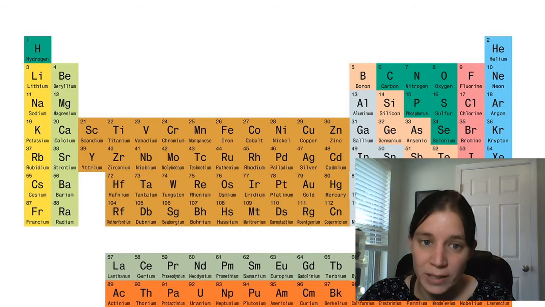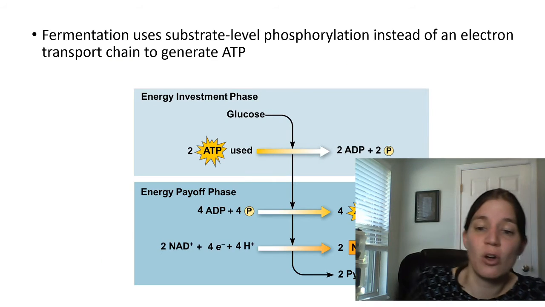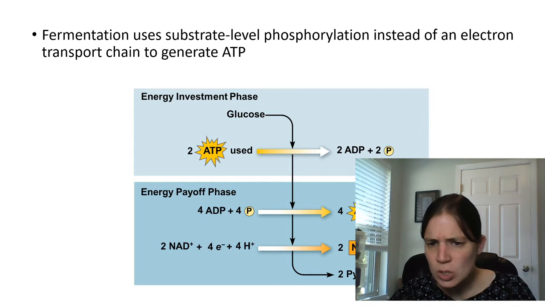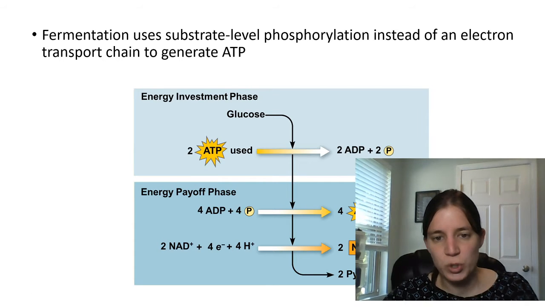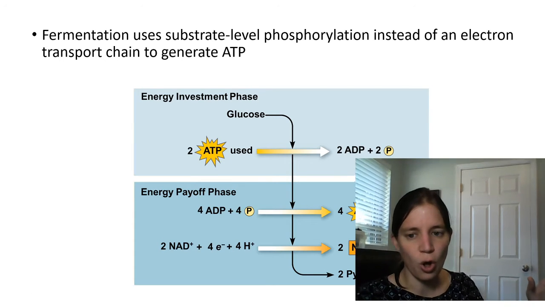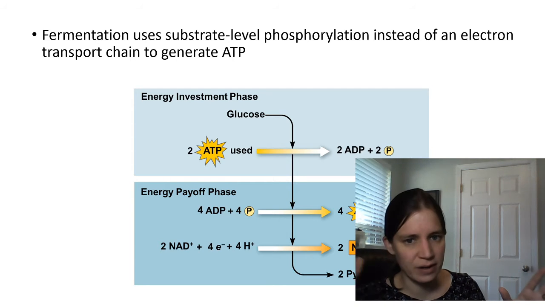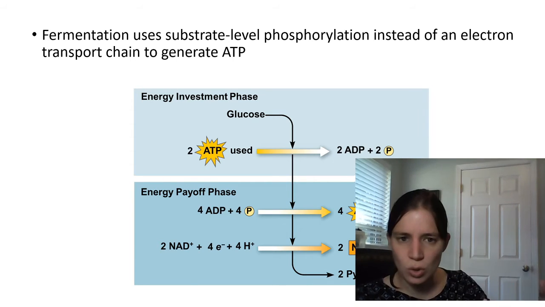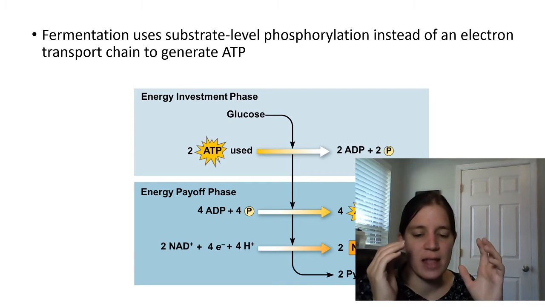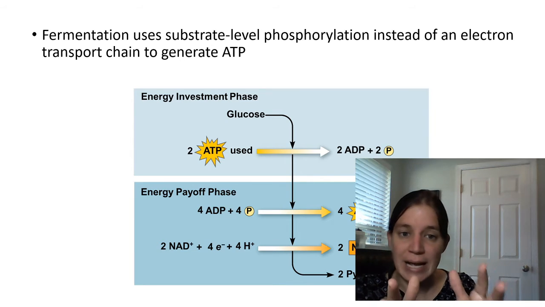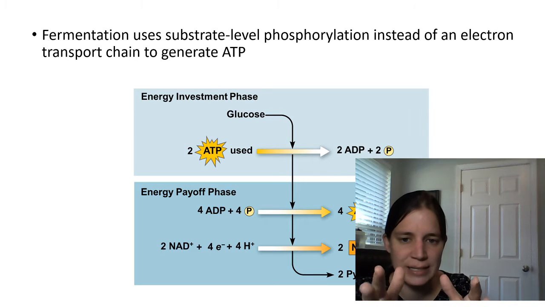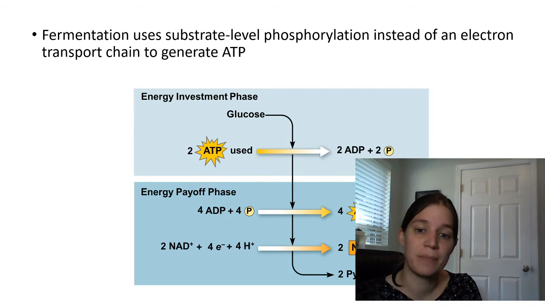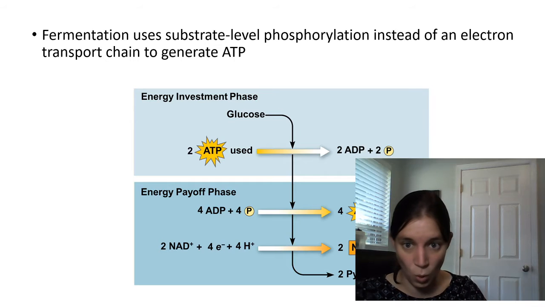What's more important for us right now is looking at something called fermentation. You've seen this picture before. This was the first part, glycolysis, going from glucose through glycolysis, then pyruvate oxidation, the citric acid cycle, and then oxidative phosphorylation, that whole way.